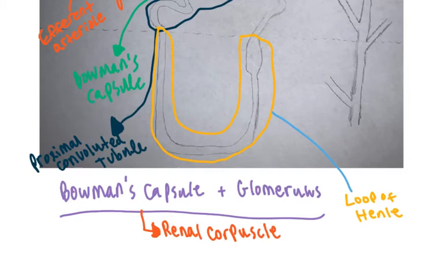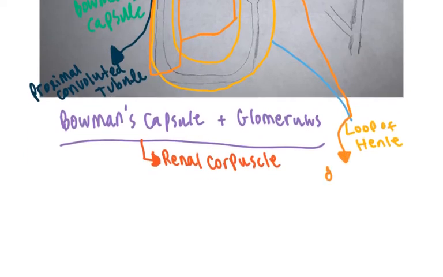Let's draw it, put it through like that and then come here because it's actually connected. So the part that's descending is our descending loop of Henle.